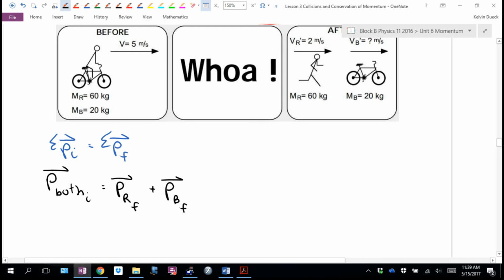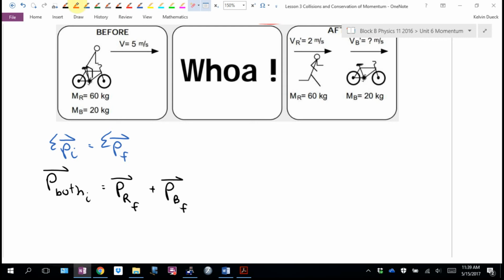I'll ask the same question, phrased differently: what's happened to my momentum afterwards? If I lost momentum, what does the bike have to do? Gain momentum. Did the bike gain mass? Nope. Then it must have gained velocity. In other words, my answer better be bigger than 5. Otherwise, I've messed up. As you get good at these, you can have a gut instinct of whether your new answer is going to be bigger or smaller.